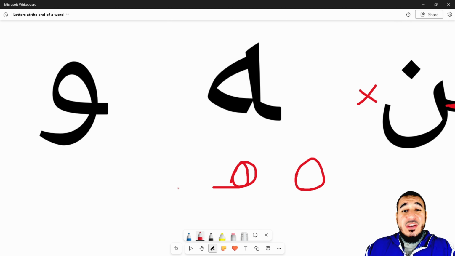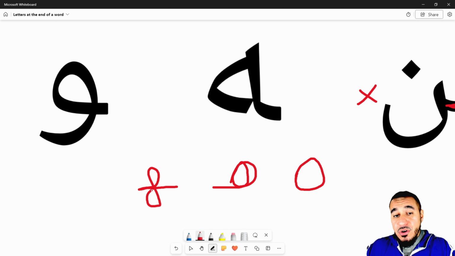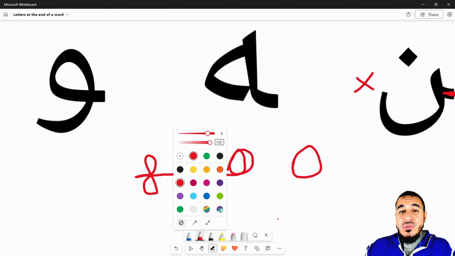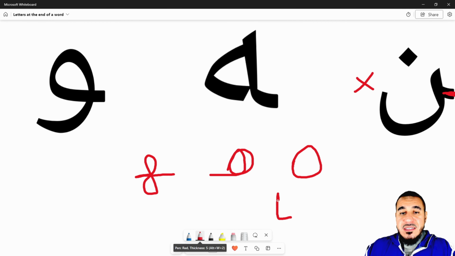And when it's in the middle of a word, it would look like this, joining from this point here and this point, from the letter before it and the letter after it. But now we've got the ha when it is at the end of a word, and we would write it like this, just like what we have above here.